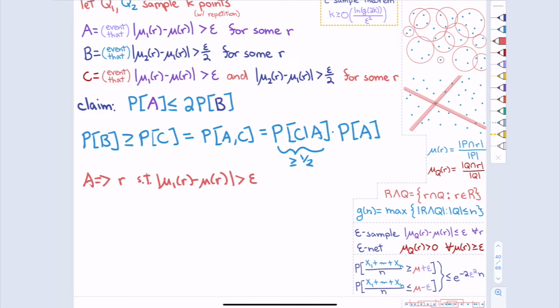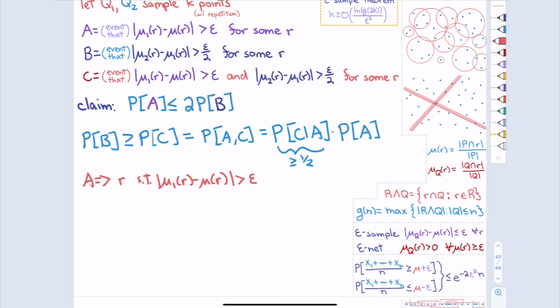Then that would be good. It's up to us to use the same R and we'll take advantage of that, but it didn't have to be. This one you guys may be able to guess. So you have some R, it's mismeasured, and I want to argue that mu2 and mu1 probably disagree.